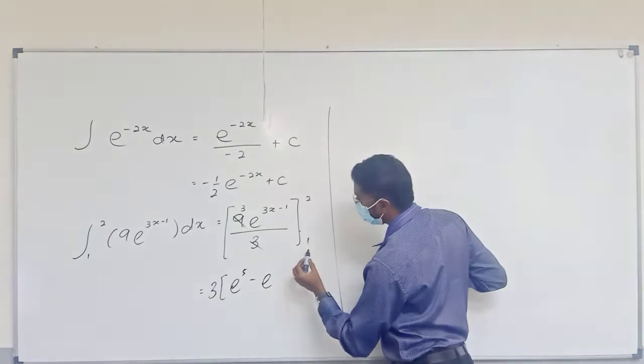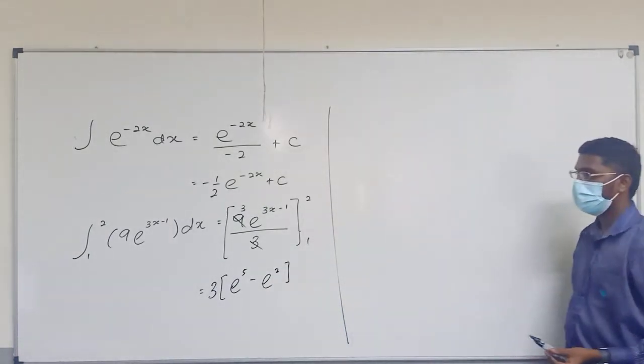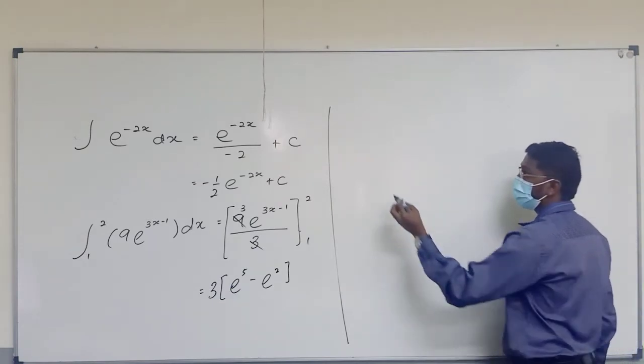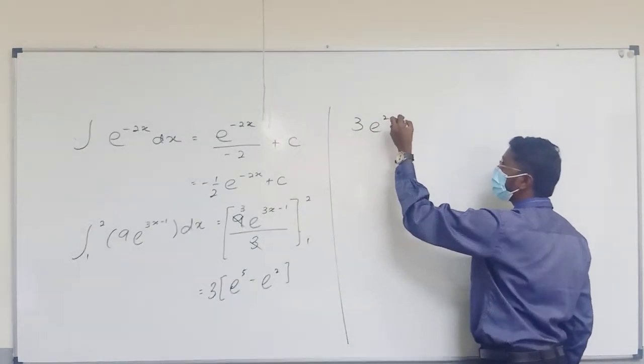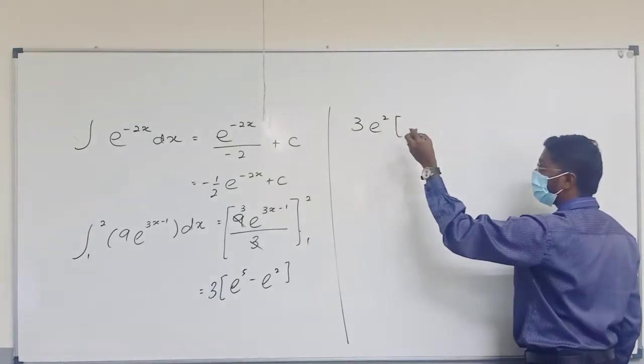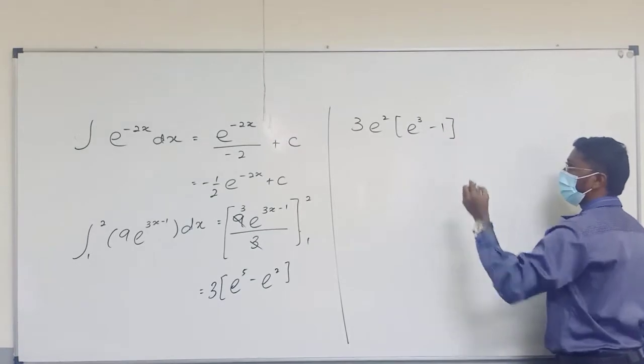e to the power of 2. So it's going to be 3e^2 times (e^3 minus 1).